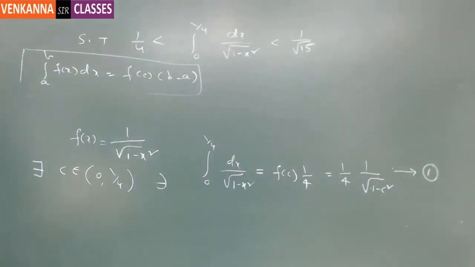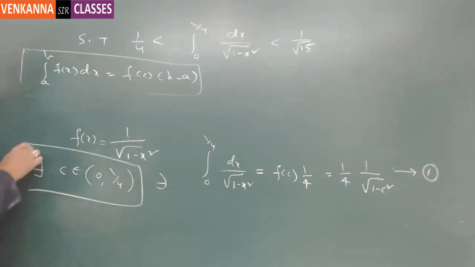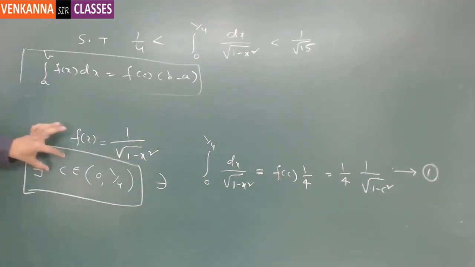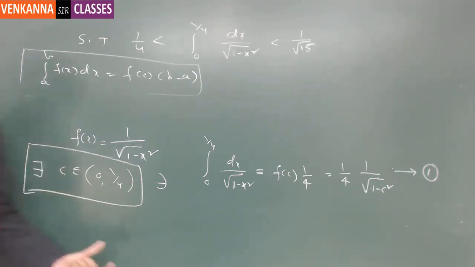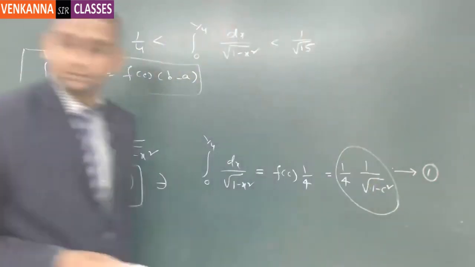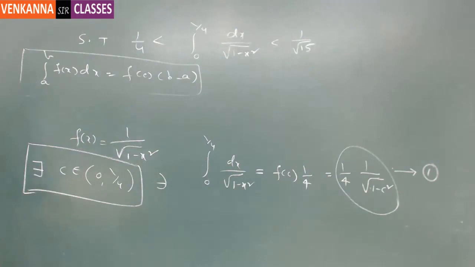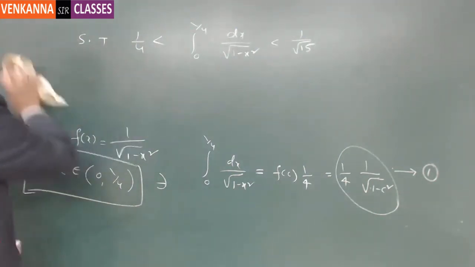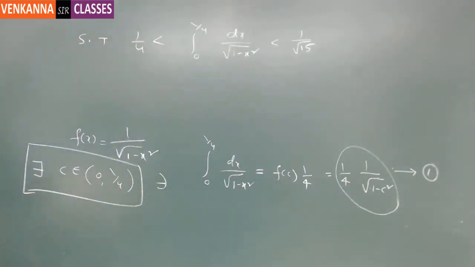But our interest is, we need to get the inequality like 1 by 4 is less than something is less than this. So we are going to use this criteria. So using the condition of c, you are going for a construction which gives this value in the middle. Now, how does the construction take place?